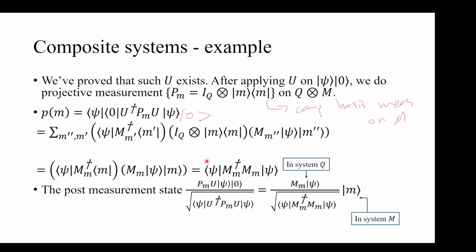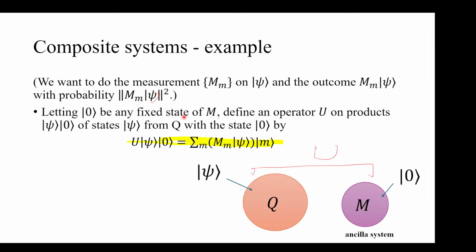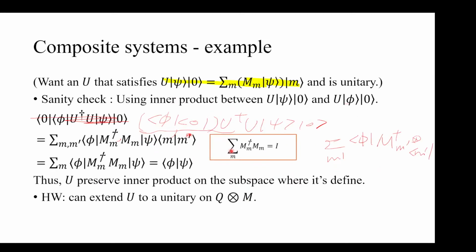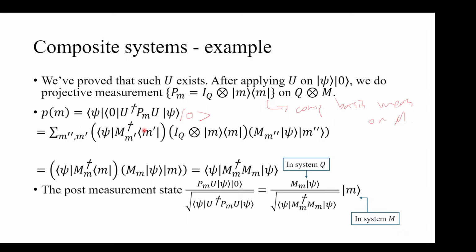Then we expand our U psi 0 by our definition, and the state is this sum. Now we need to sum over two different dummy variables, because every time we apply U on psi 0, we have a dummy variable summing over small m, but that small m is different from this small m, so we need to sum over m prime and m double prime.